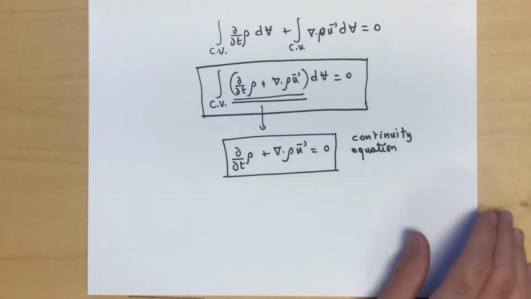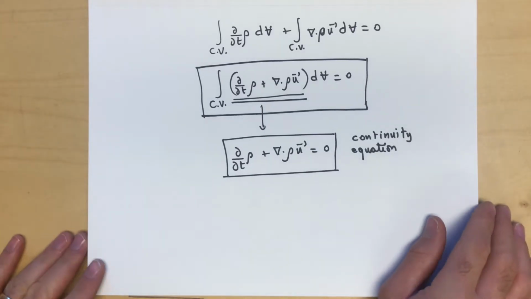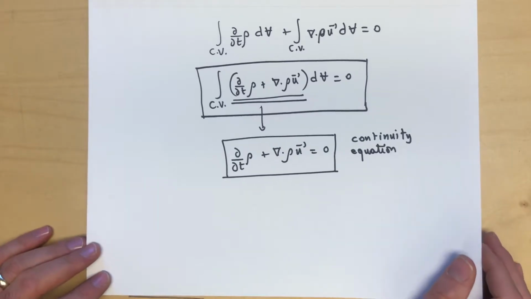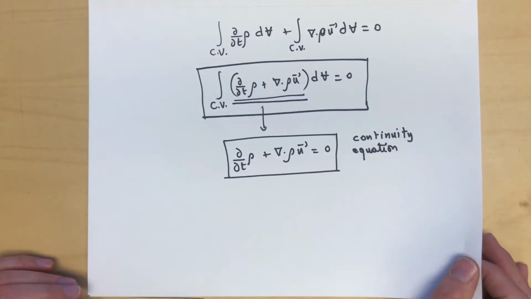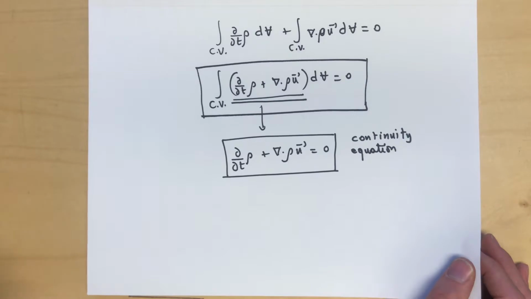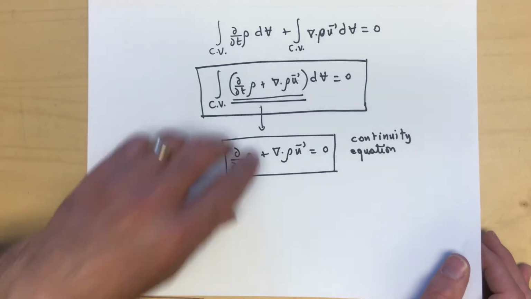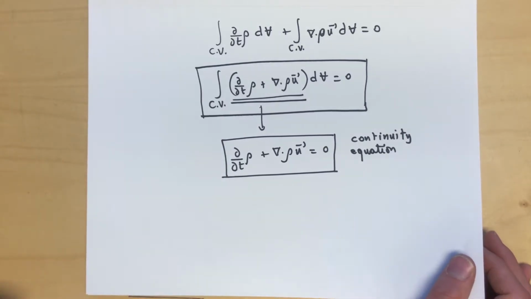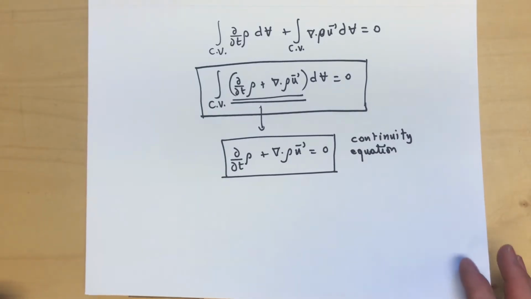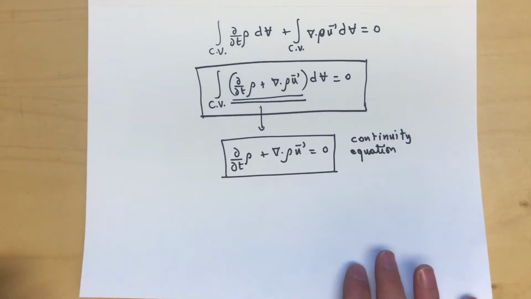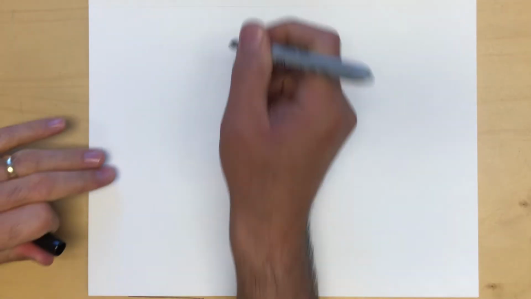All right. Now, before we proceed with some examples on the continuity equation, we need to take a small detour and discuss incompressibility and what that implies for the continuity equation. We will look at this from two perspectives. So we'll start with the first perspective.